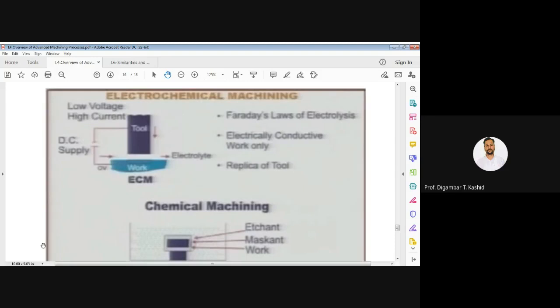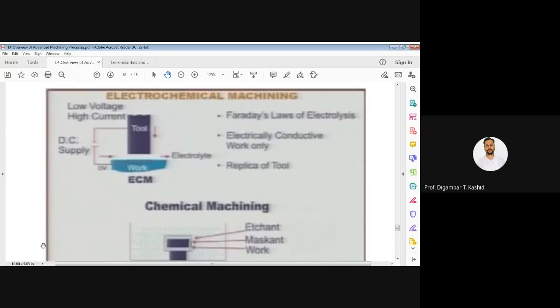Also, whatever workpiece we are going to take for machining should have the electrochemical property, because a chemical reaction is there, or its metallurgical property. Both these properties will affect the performance of your process.